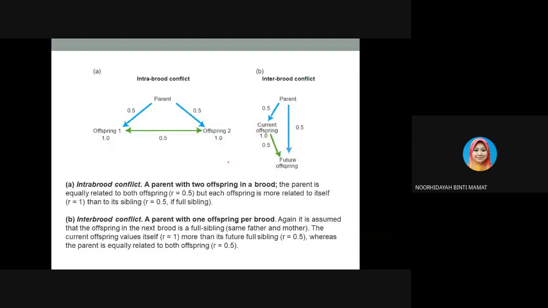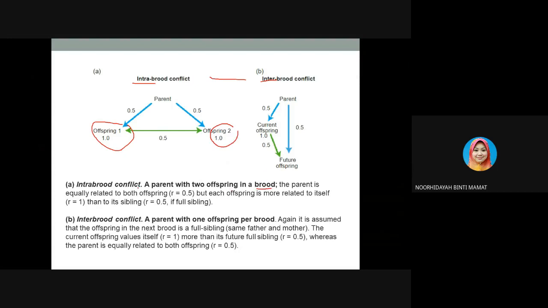So, as a conclusion, this is the differentiation between intra- and inter-brood conflict. For the intra-brood conflict, a parent has two offspring in a brood at one time.